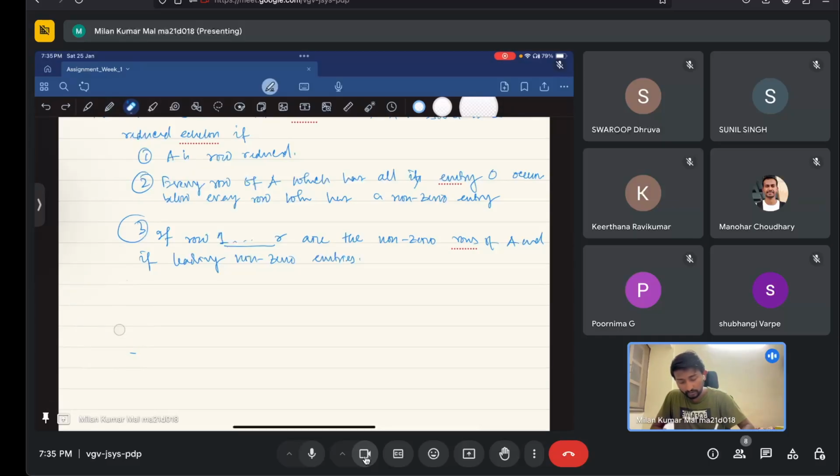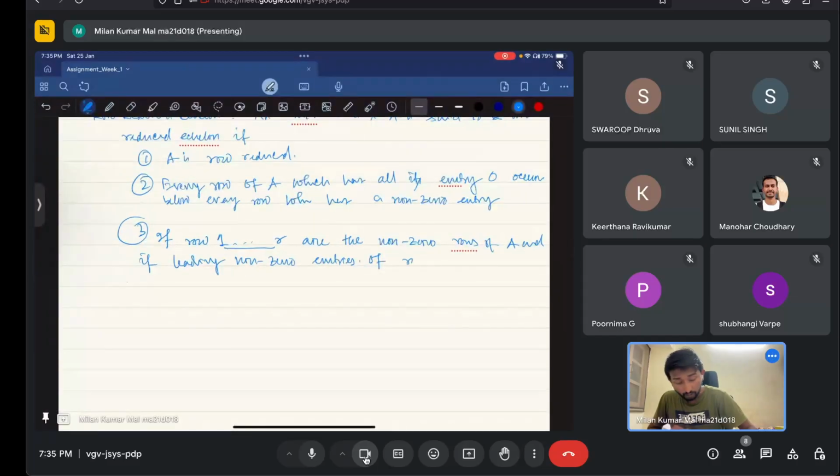Whatever I'm going to say will be on the basis of this. The leading non-zero entry of row i occurs in column ki.